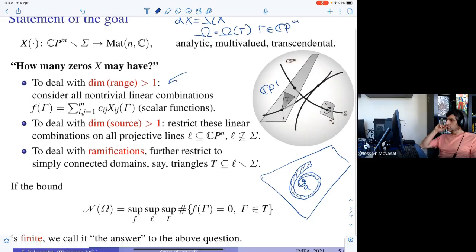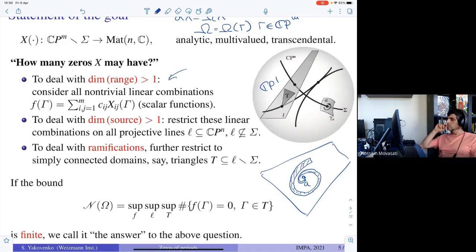And so now I define the uniform bound, which is the supremum over all elements of this construction. So I take all linear combinations, restrict them on all projective lines, and consider a restriction on all triangles which are free from the singular locus, but eventually having singularities at their boundary.